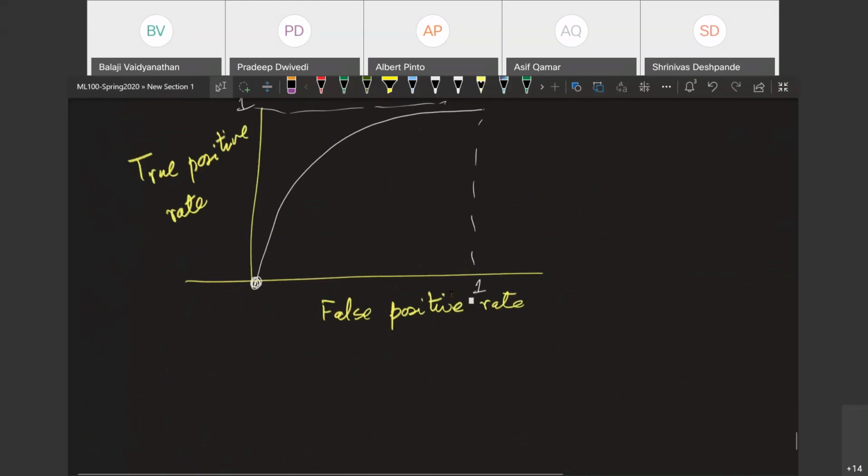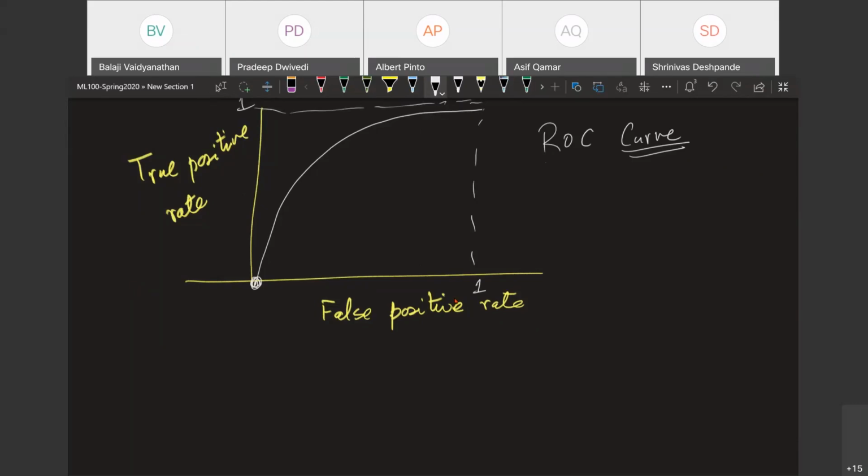Right? And so this is true positive, false positive. There is a trade-off between the two. And this particular curve is quite interesting. It is called the ROC curve. And I'll explain what ROC stands for. Whenever you have a classifier, it turns out that while this is a fact of life, you can compare one classifier against another.